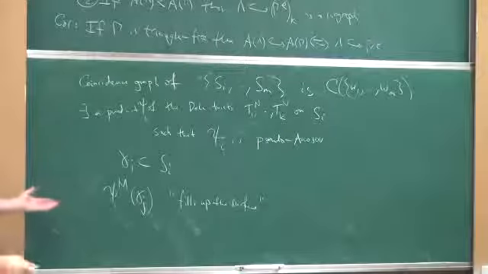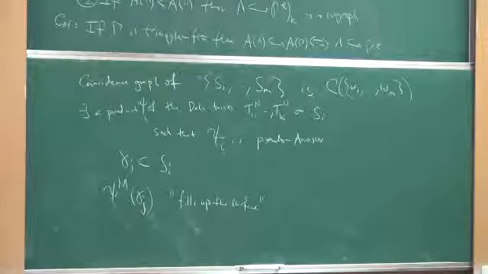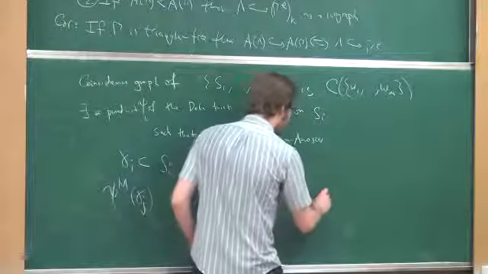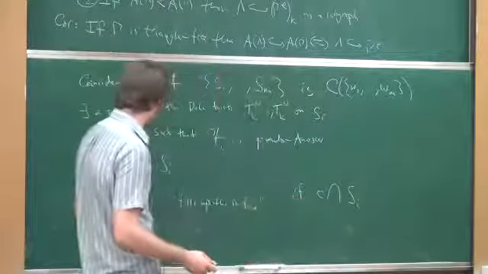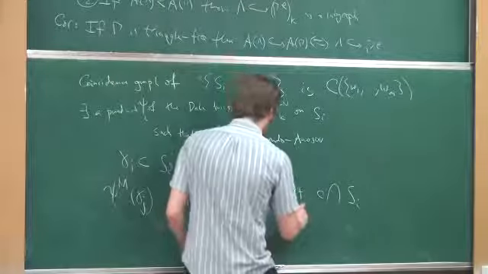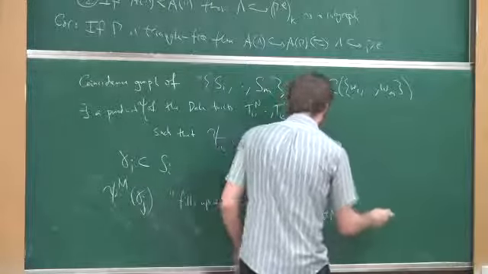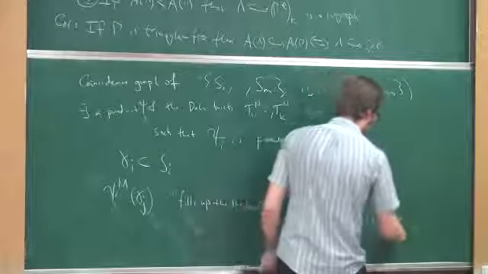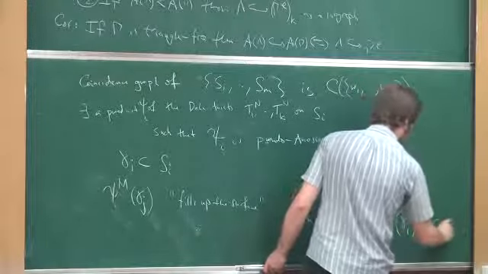It doesn't fill up the surface in the sense that it doesn't cut it up into disks, because gamma j and all its homeomorphic images are simple closed curves. But the point is that if C is any simple closed curve that intersects Si, then for all m sufficiently large, psi i to the m applied to gamma j intersects C.